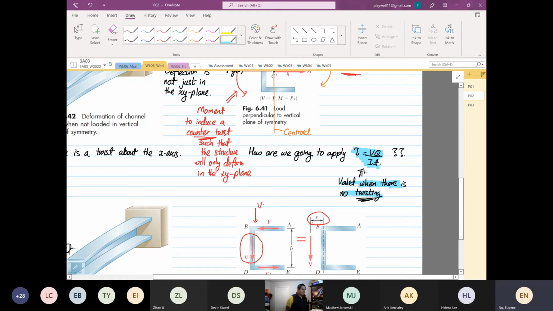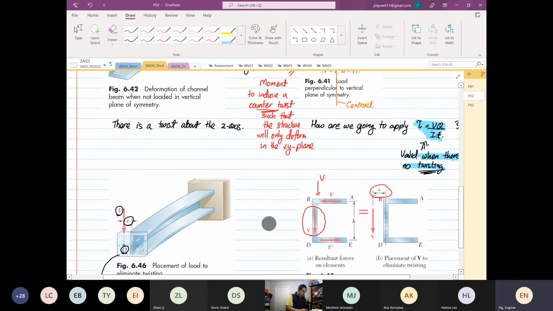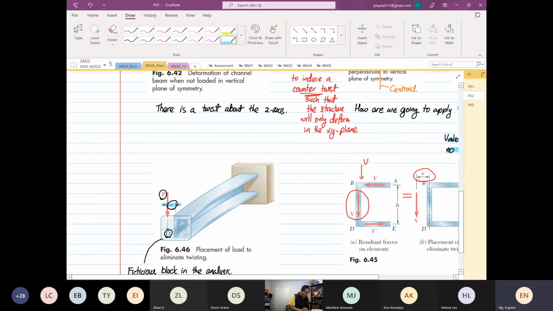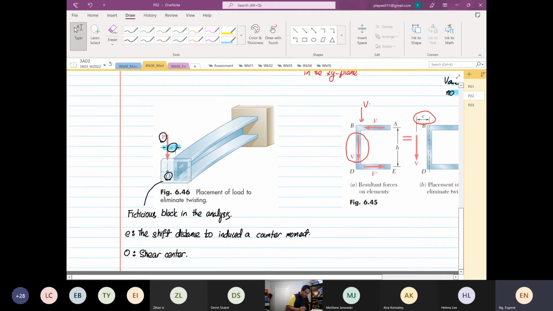No twisting. So the only way to be able to apply the same formula is to do an offset, E over here, as you can see. And E is what we call a shear center. The distance E is the shift to induce the counter moment.